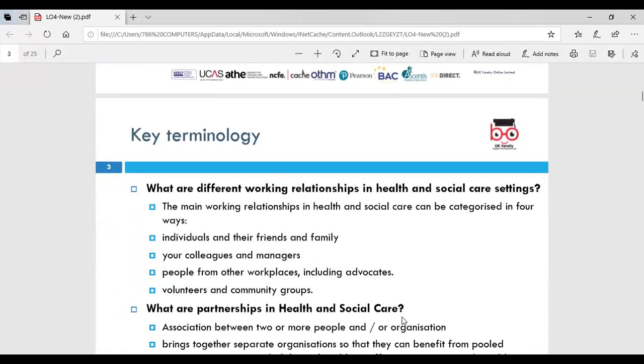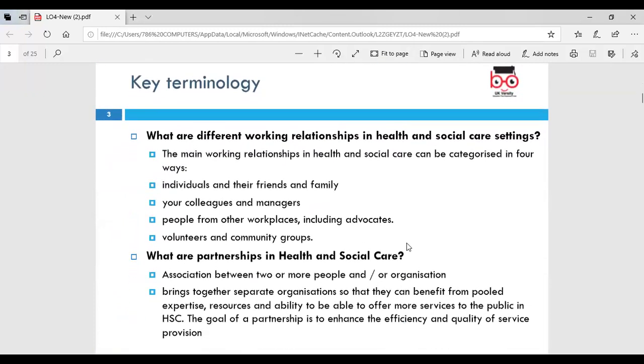So a bit about the difference between working relationships in health and social care settings. It's categorized into 4 ways. You have individuals and their friends and families, which is the first relationship that you should be considering.